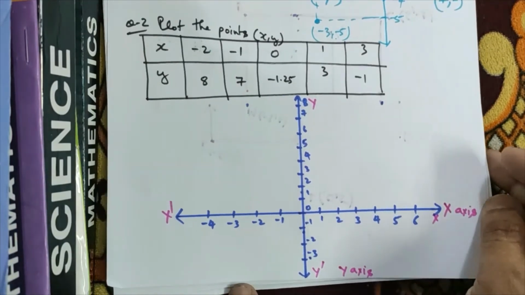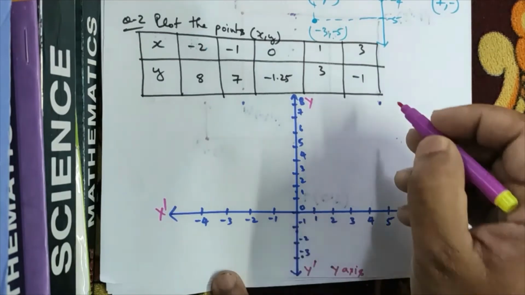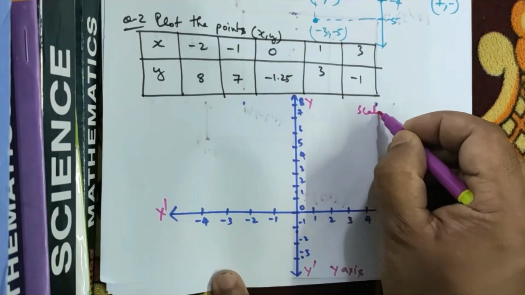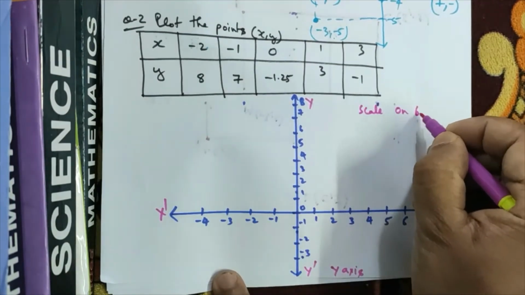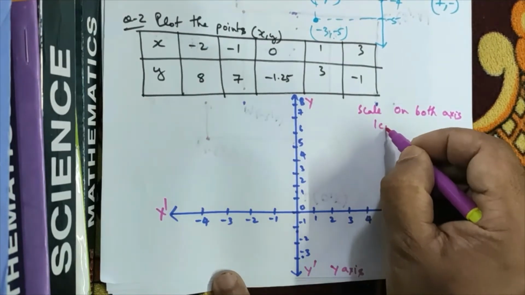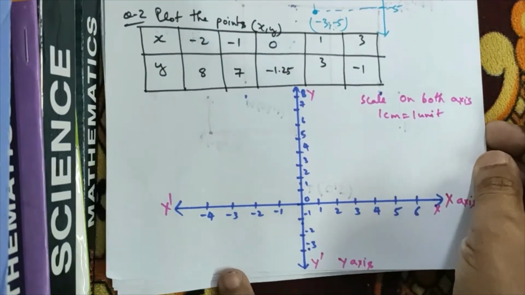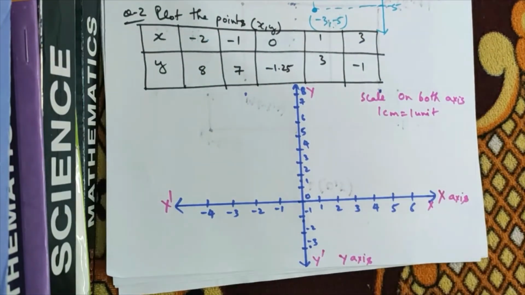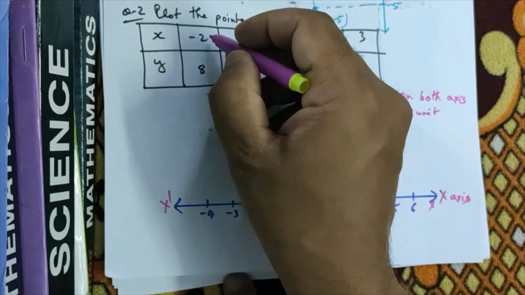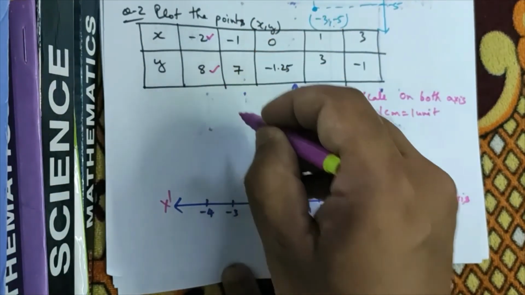Second thing is that for 1 centimeter you will be taking scale on both axes. 1 centimeter is equal to 1 unit. Now we have to plot these points. First point is x coordinate minus 2 and y coordinate is plus 8.